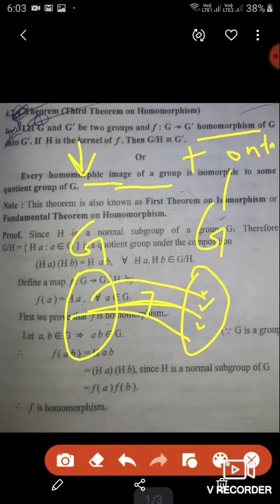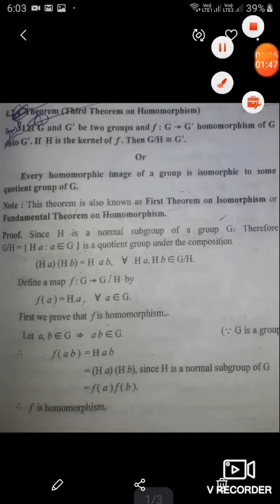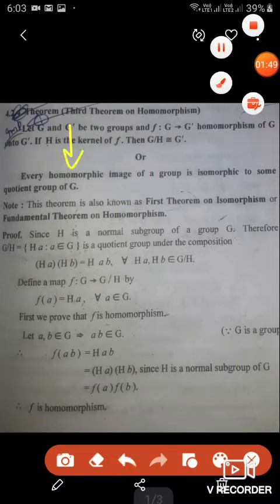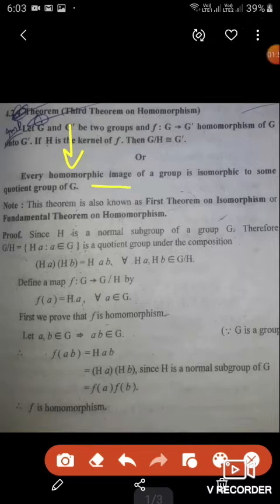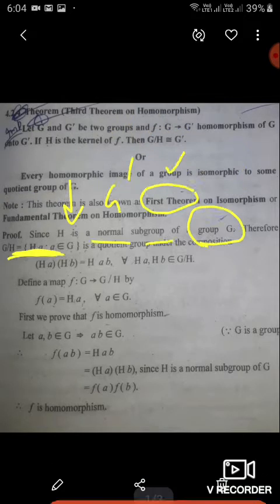Then in this case we will say that this G dash is a homomorphic image of this set. Similarly, what is here said: every homomorphic image, that is G dash, of a group, that is of G, is isomorphic to some quotient group. Fine, we have to prove this.